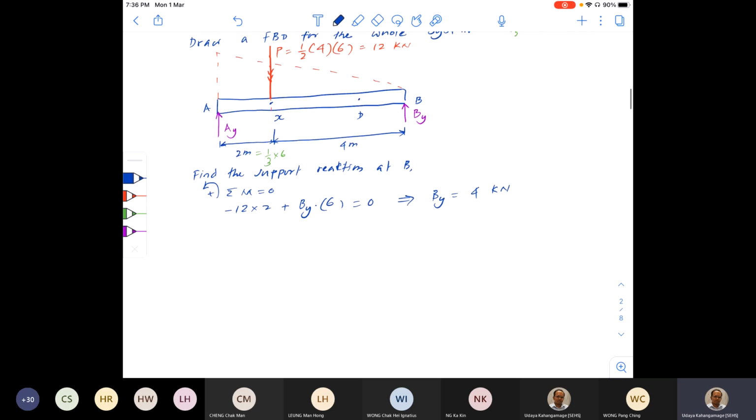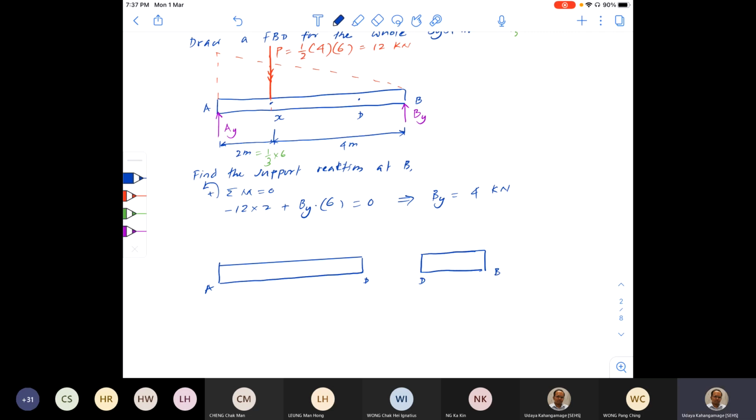This time I'm going to cut the member at D. Like this, and from D to B, I'm going to draw it with a gap so that I have enough space to draw my internal forces. Okay, so this is A to D, and then this is D to B.